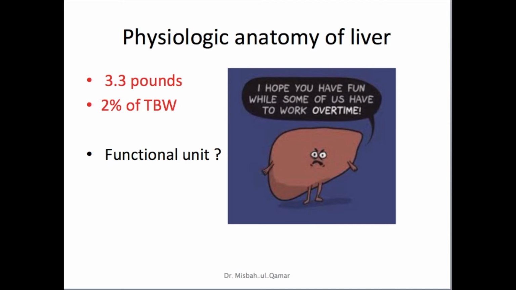As you know, the liver is the largest organ in the body, weighing around 1.5 kilograms, or you can say 3.3 pounds. It contributes 2% of total body weight in the average adult human. The functional unit of the liver is a liver lobule, and the human liver contains around 50,000 to 100,000 such lobules.